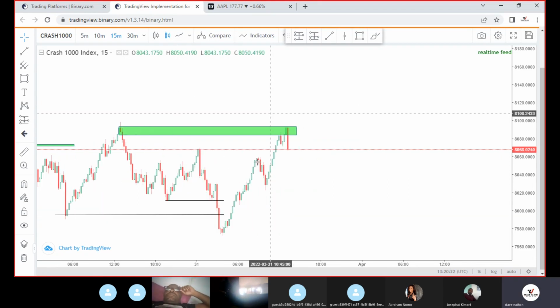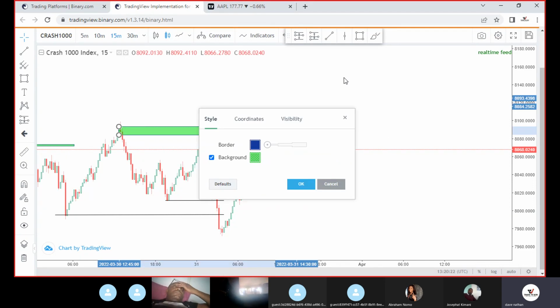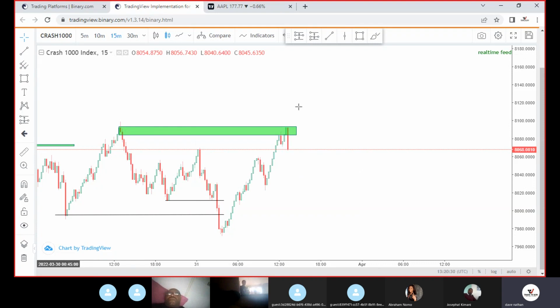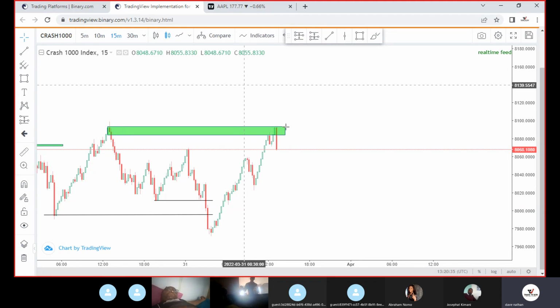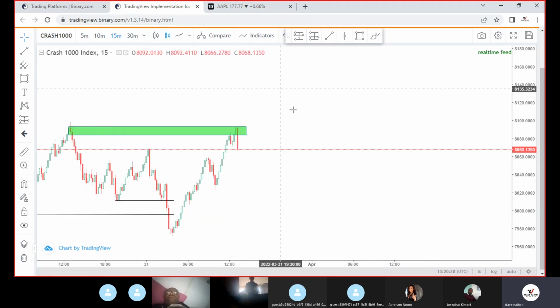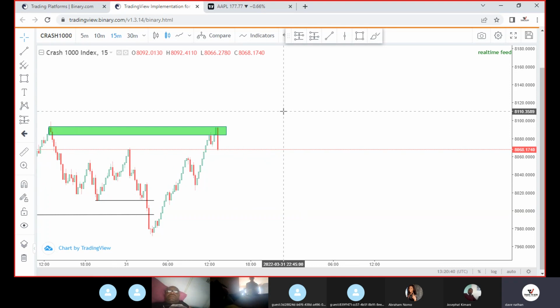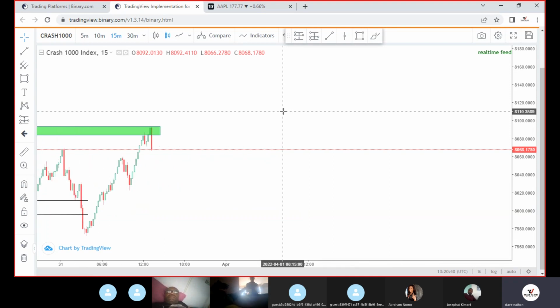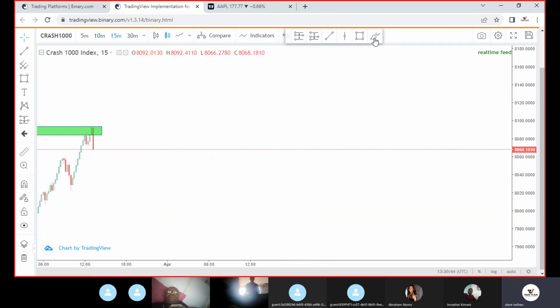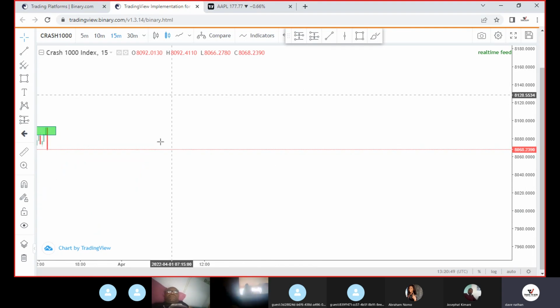I'm trying to shift this. Let me just give you guys something to explain where you should possibly take potential good entries from. I'm trying to shift this ahead. Okay, so let's say we are in a downtrend.